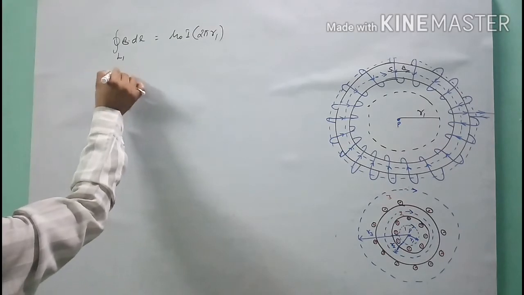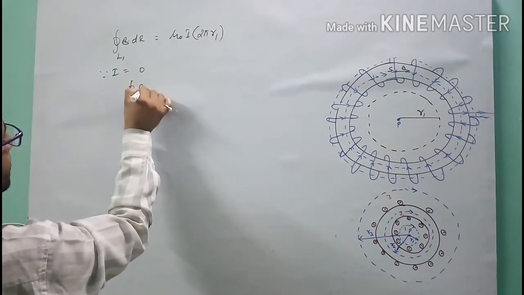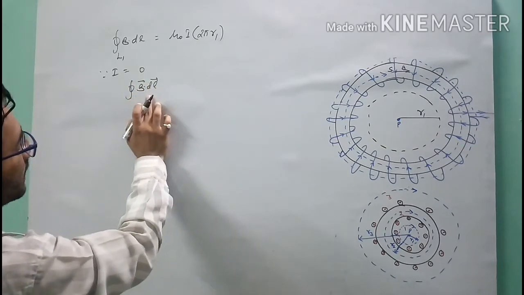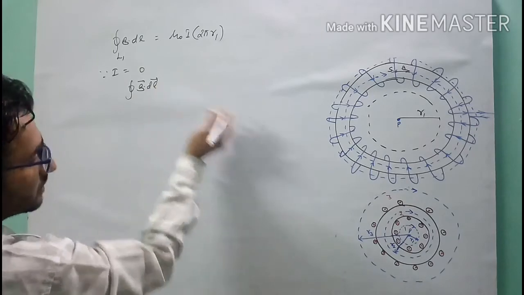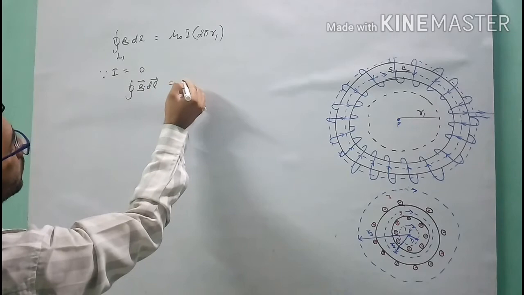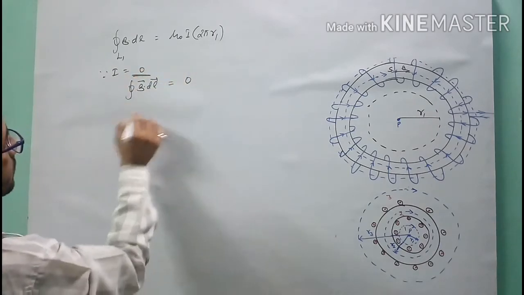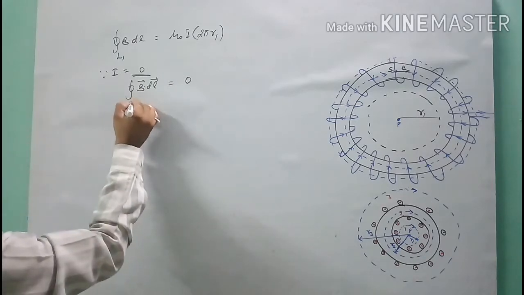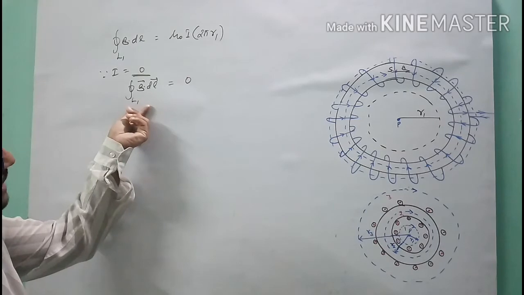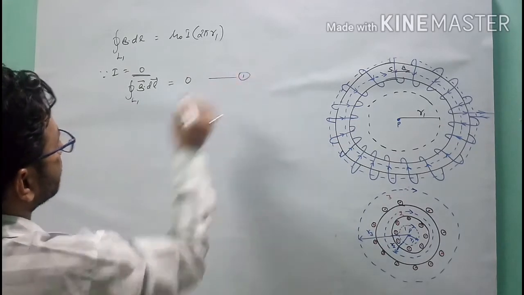As we know that since I is equal to 0, therefore B·dl for this condition, and the direction of B and dl being the same, B·dl in this condition is equal to 0 because I is 0. So from this we get that the closed line integral for the loop L1 of radius r1 is 0. This is our equation number 1.